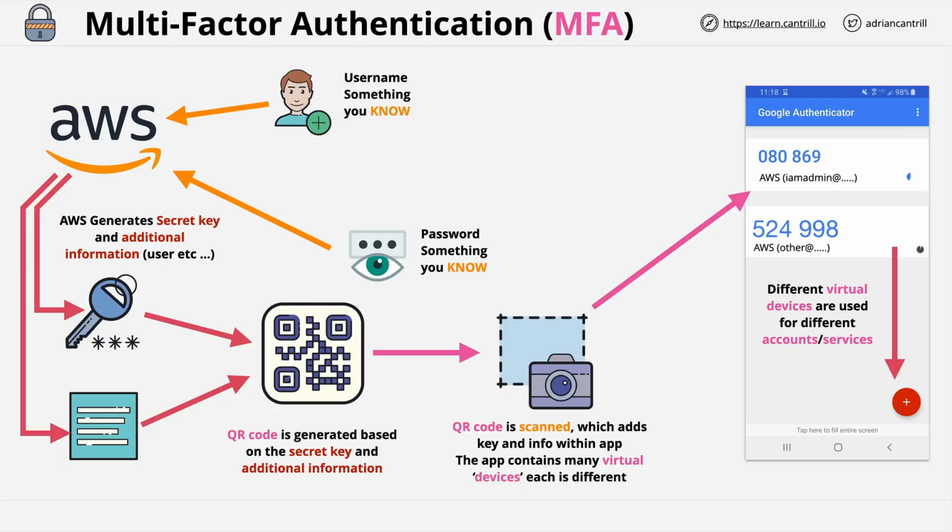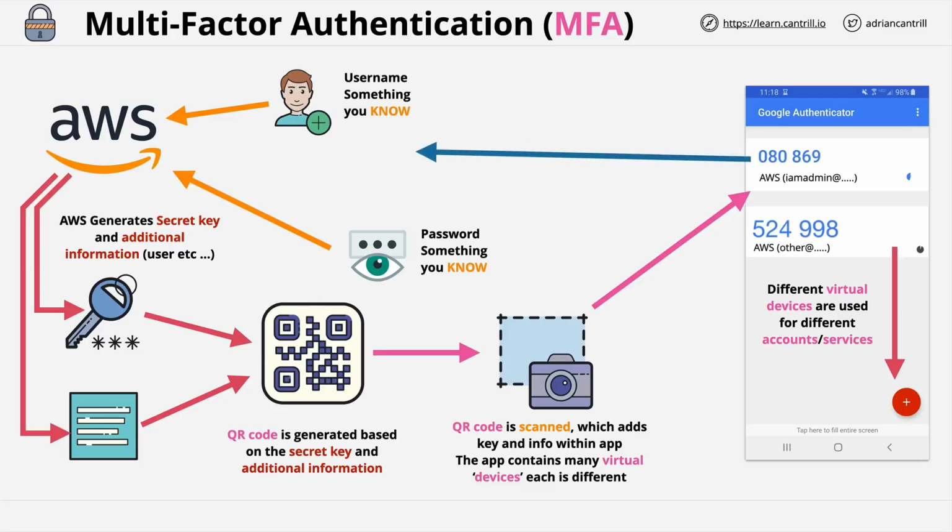Now, once you have the MFA configured, the next time you log into AWS, as well as being required to enter the username and password for the specific user that you're using, you'll also be prompted to enter the MFA code showing for that one specific virtual MFA within your Authenticator application.